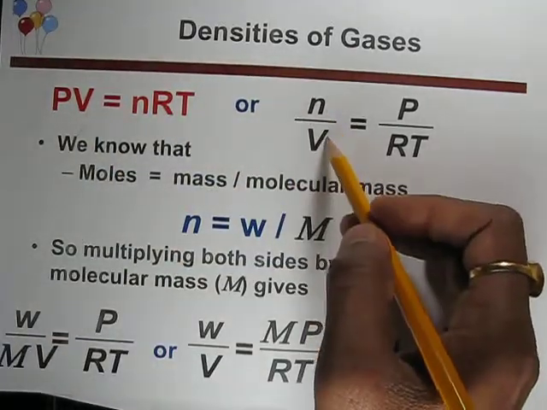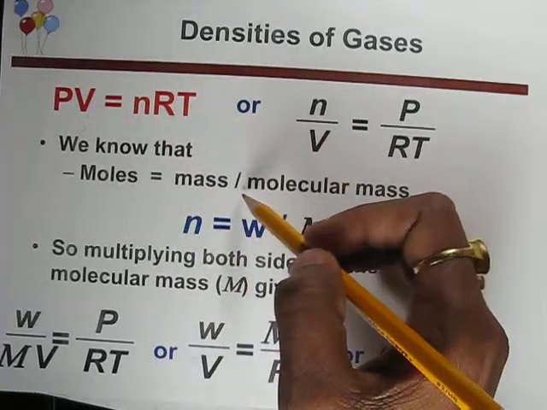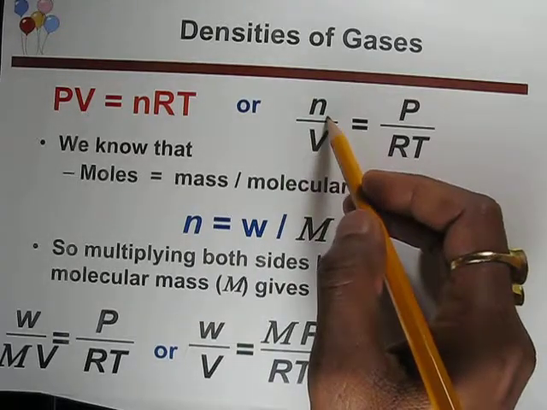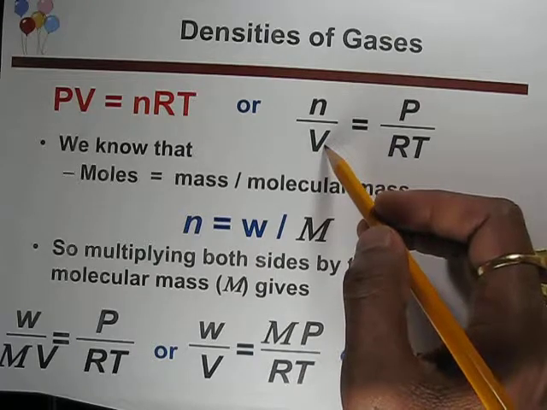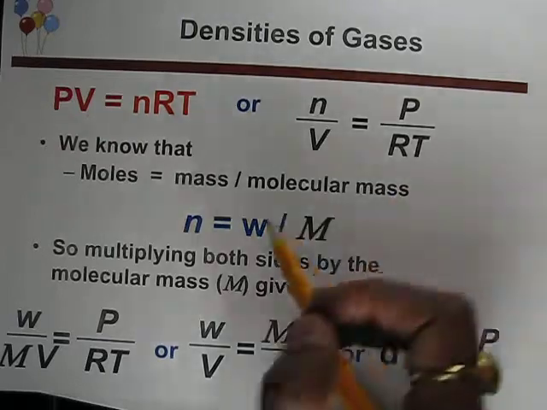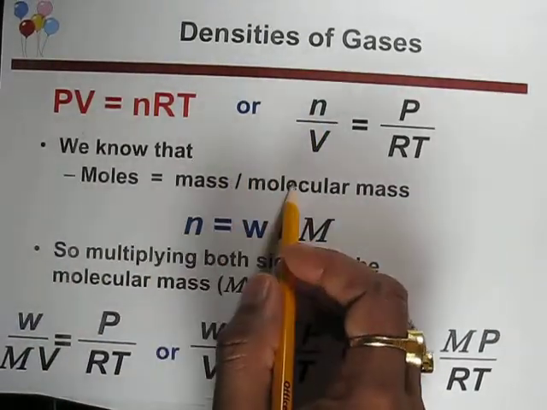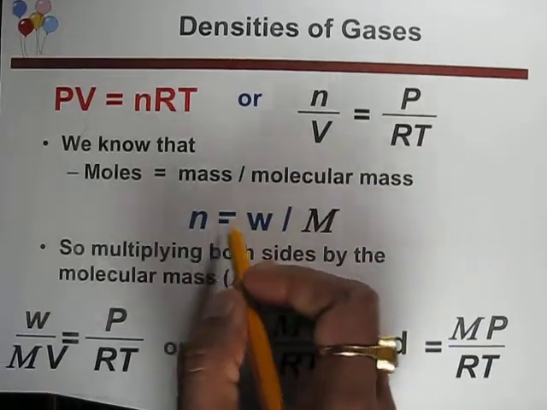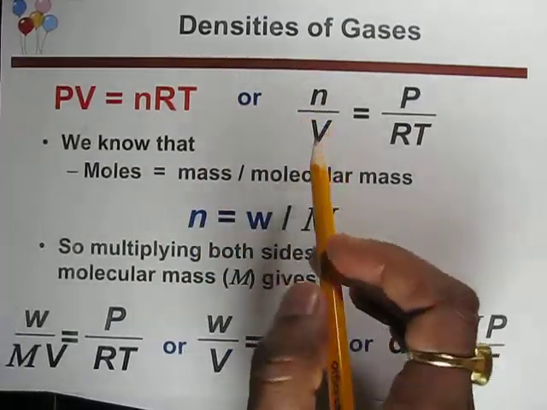So n over V is the amount in moles, V is the volume, P is pressure, and RT. Since small n is equal to mass over molar mass, we can replace it with W over M in this equation.